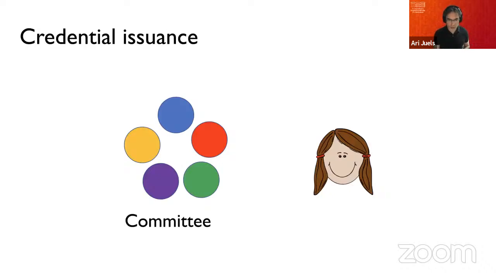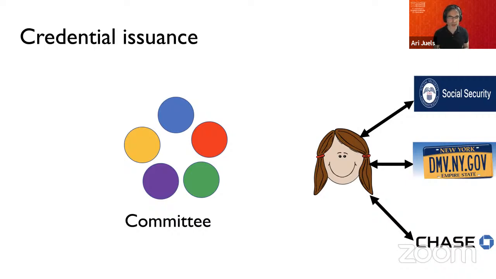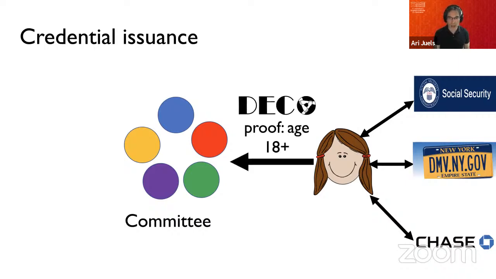So now the credential issuance process can look something like this. Our user goes to any number of existing websites, like the Department of Motor Vehicles, Social Security Administration, bank, or whatever, logs in, views information of the type she would like to use to prove something to the committee, and then proves to all the members of the committee, or at least some requisite subset, some quorum, the thing she would like to prove in zero knowledge.